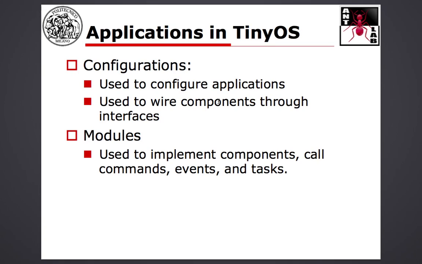So just remember that interfaces do not contain code and are just the instruction manuals on how to use components. Modules are the implementation of the commands and events contained in interfaces, and configurations are the logical wiring that you decide to perform in order to build a complete application starting from simple components. That is a good explanation of the differences between these three keywords.